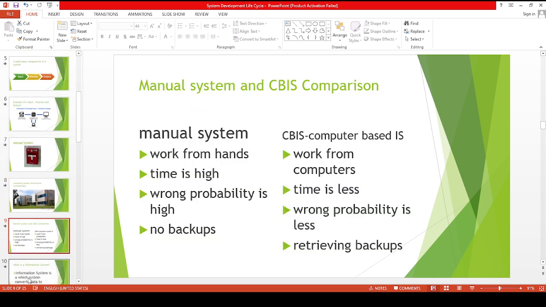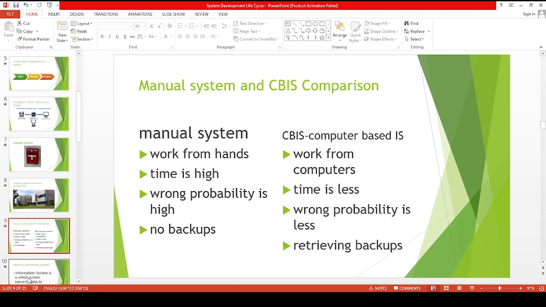Manual system and computer based information system comparison. A manual system works by hands, time is high, wrong probability is high, no backups. But CBIS, computer based information system, works by computers, time is less, wrong probability is less, and backups can be retrieved.